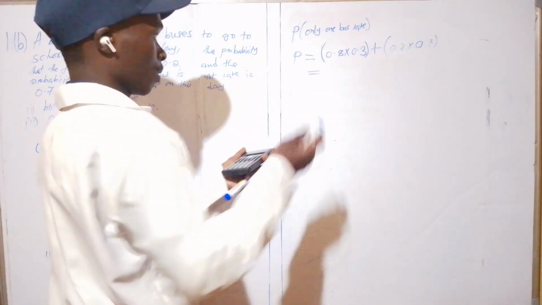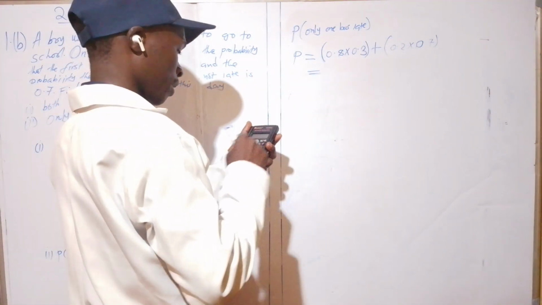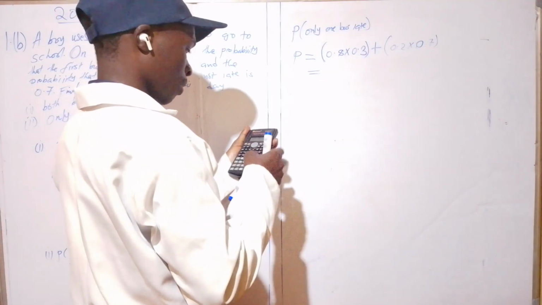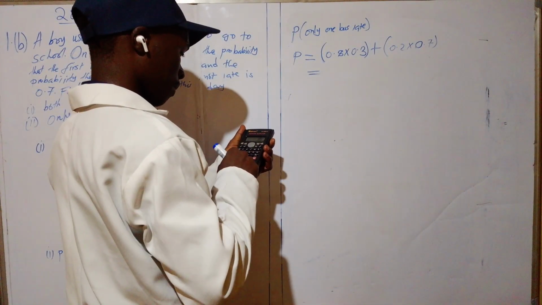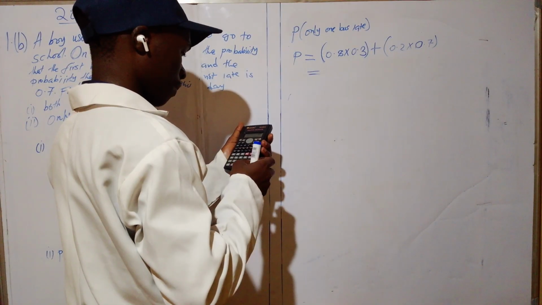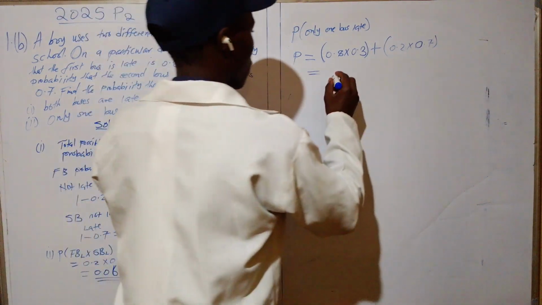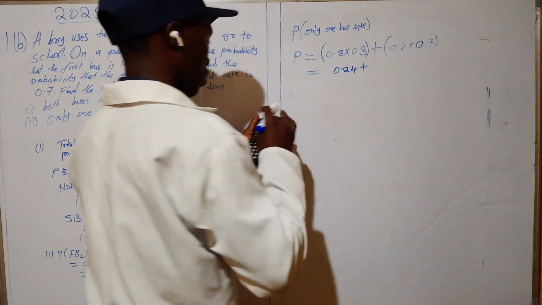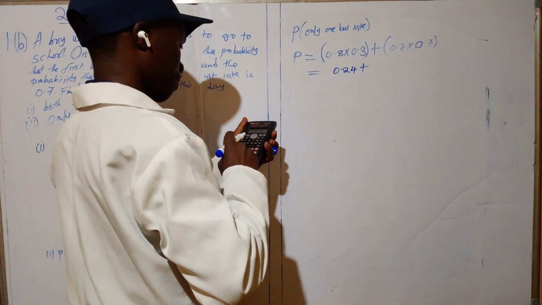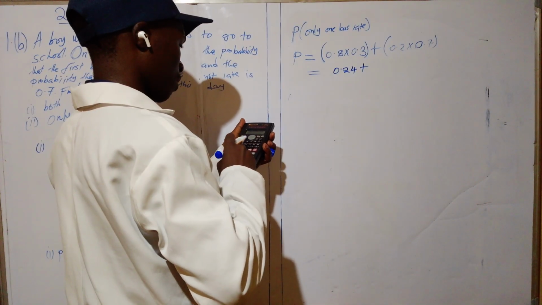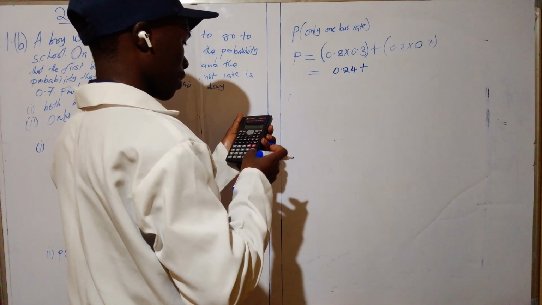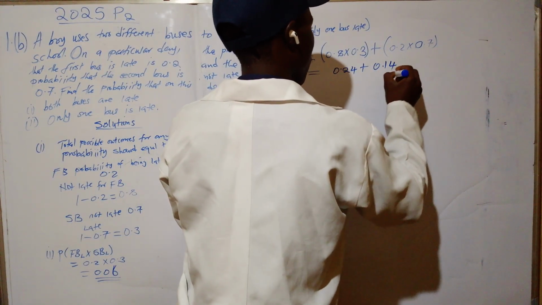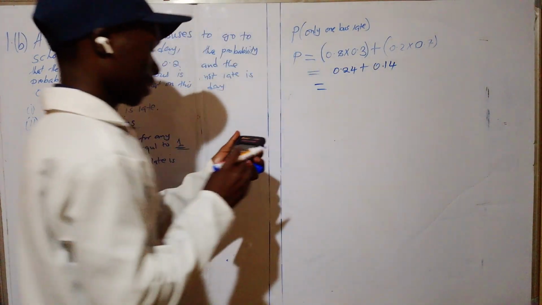So we're going to say 0.8 times 0.3. It will give us 0.24. Then plus 0.2 times 0.7. What does it give us? 0.14. So let's now add these numbers.